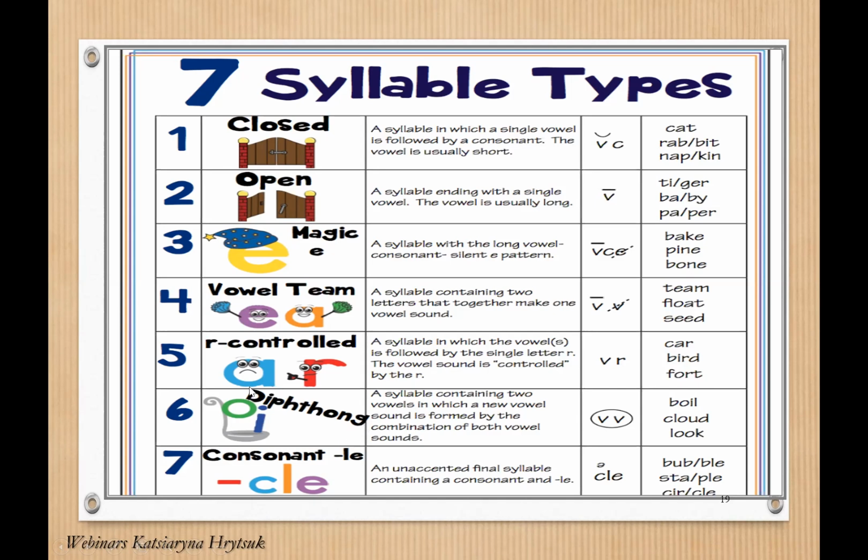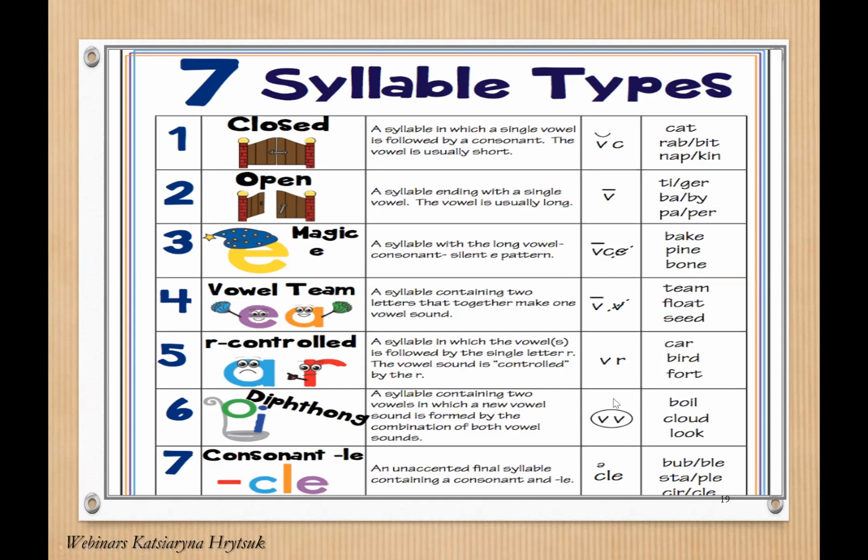Next one, diphthong. Diphthong, we talk about this as a syllable containing two vowels, okay? And a new vowel sound is formed by the combination of these two vowels. Okay, two vowels together.